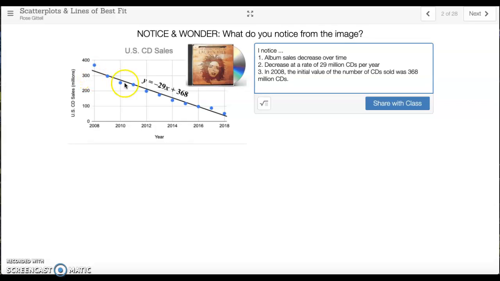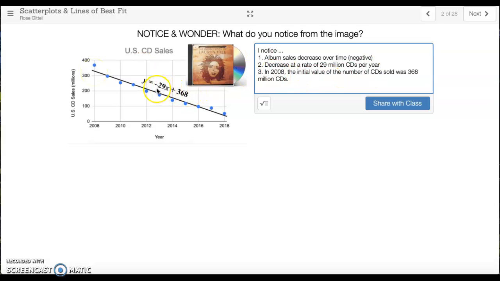We also have an equation here. There's a slope of negative 29 and then the initial value or the y-intercept of 368. So the three things that I noticed were that there's a negative slope, meaning that the sales of this album decreased over time since 2008 when the album was first released.